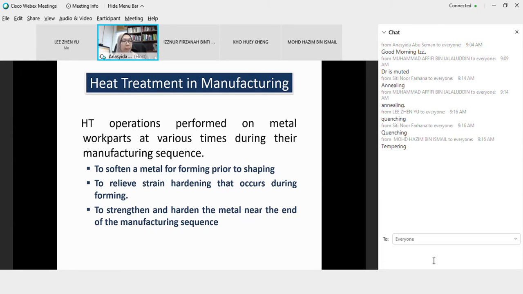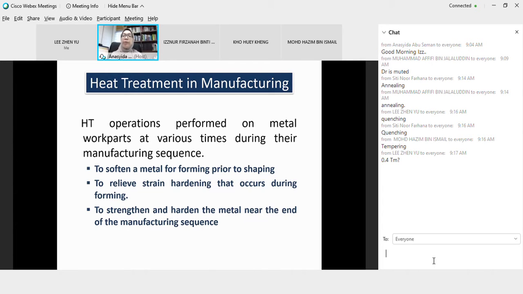TR equal to berapa TM? TR equal to how many TM? It's generally 0.4 TM.